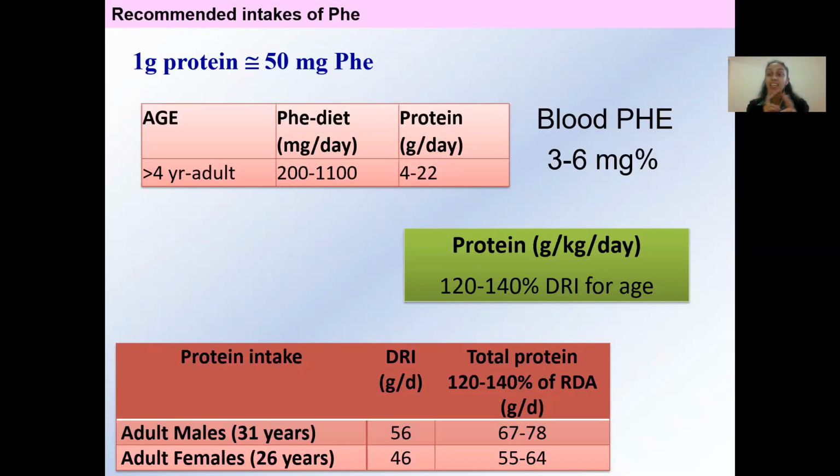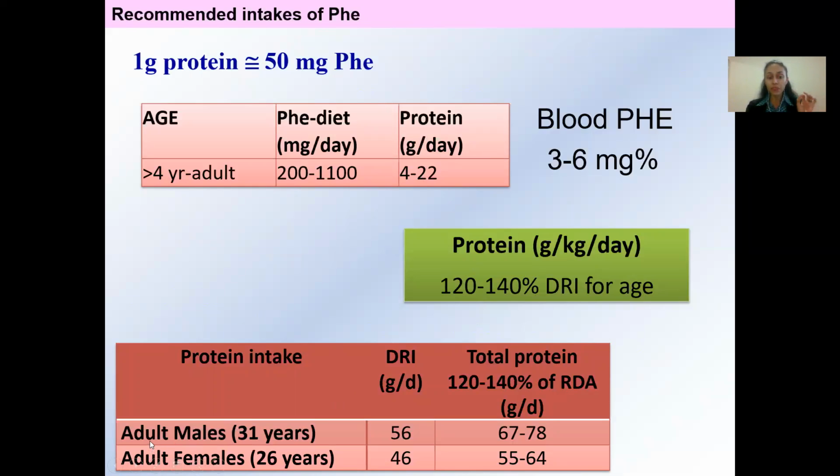Now, the interesting irony in this condition is that the overall protein intake, that is the entire protein which a PKU person is ingesting, should be 120 to 140% more than the DRI for age. So for instance, for an adult male, I have given an example over here.